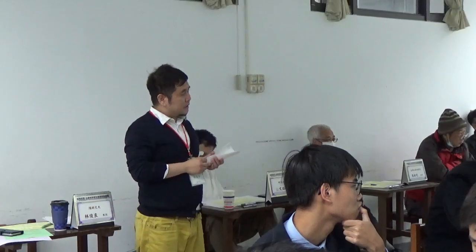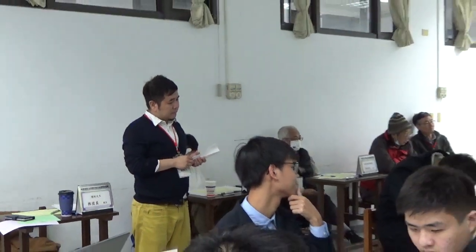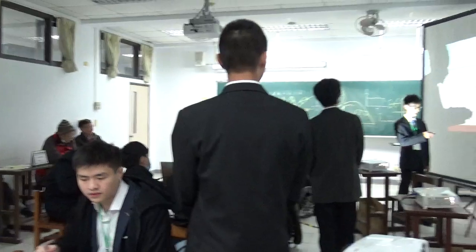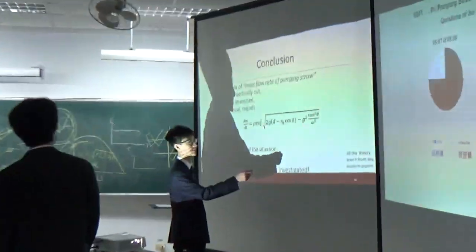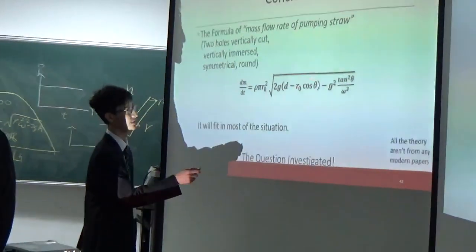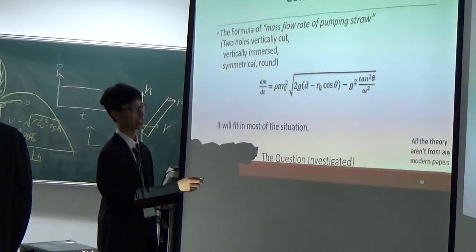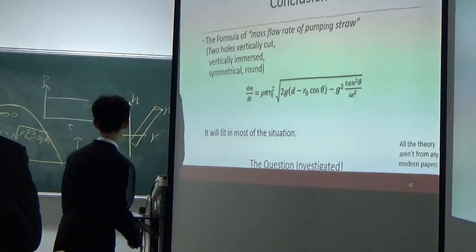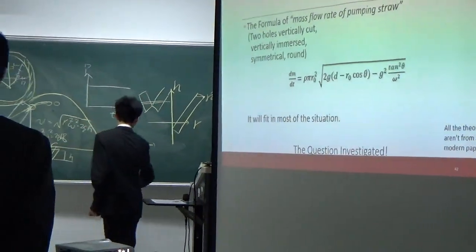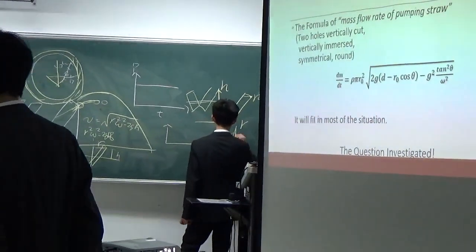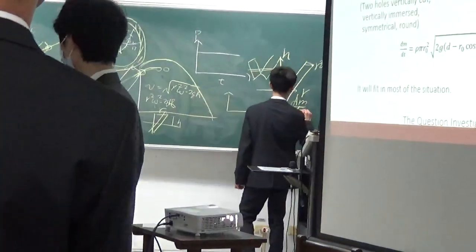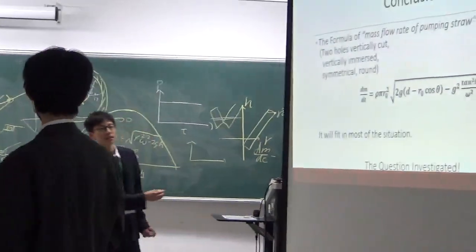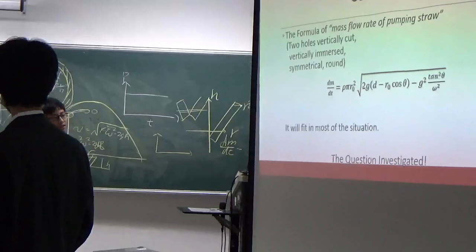As the angular velocity gets very big, this term will be very small. So if the angular velocity is big enough, we ignore this, and we only consider dm over dt, which we write as rho pi r naught squared.